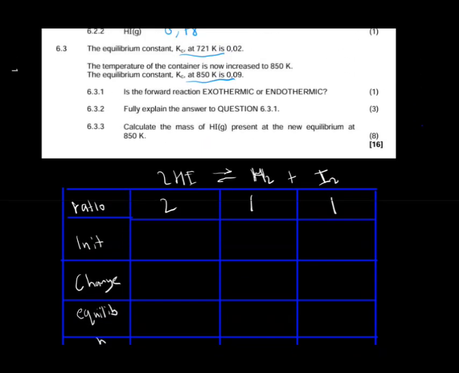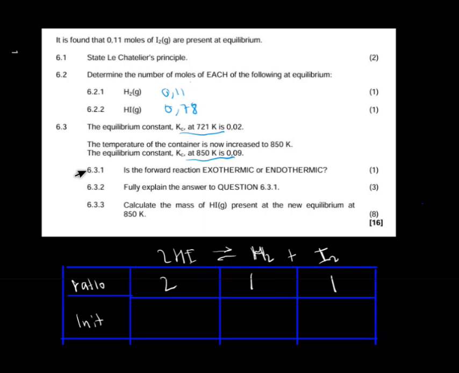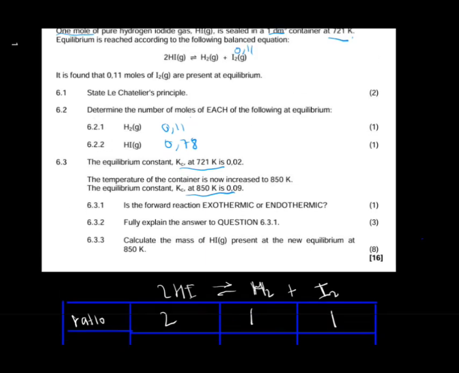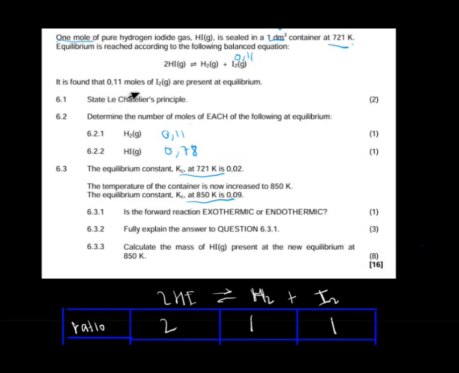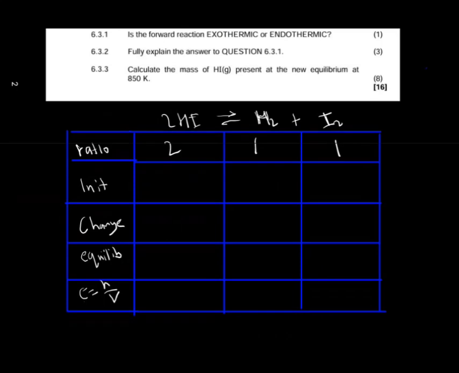All right, let's look for the previous equilibrium. They told us that 0.11 moles of HI are present at equilibrium. So that was the previous one.